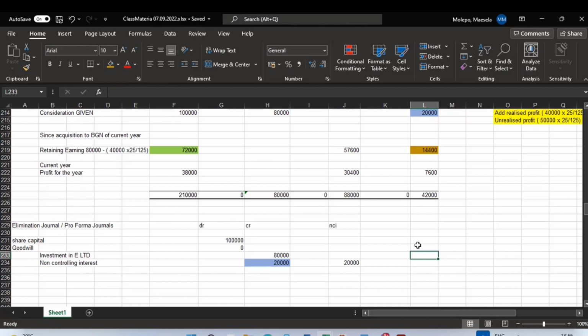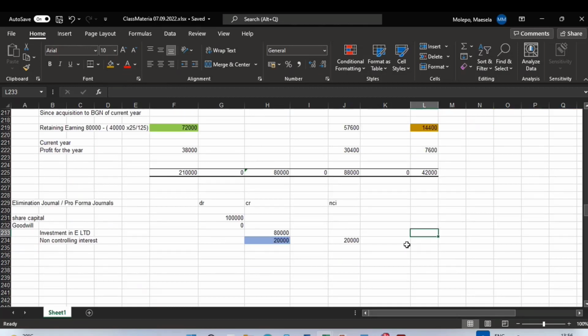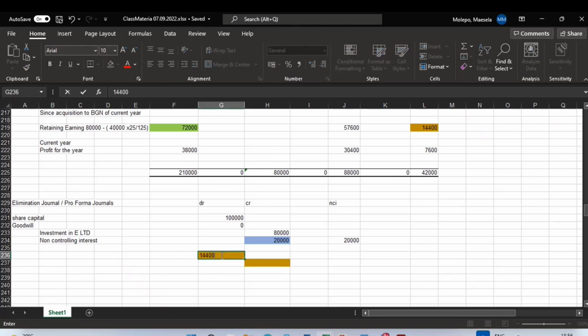Now we're going to go to this one, which will sit here and here. 14,400, 14,400.